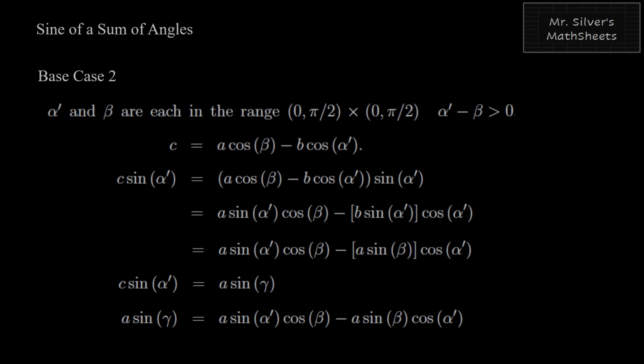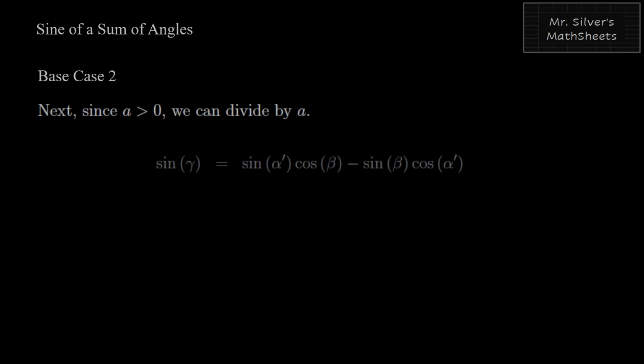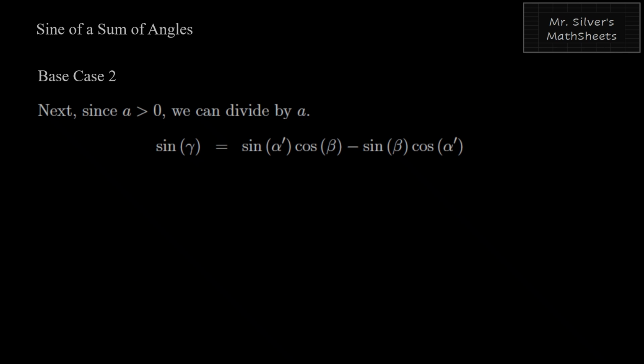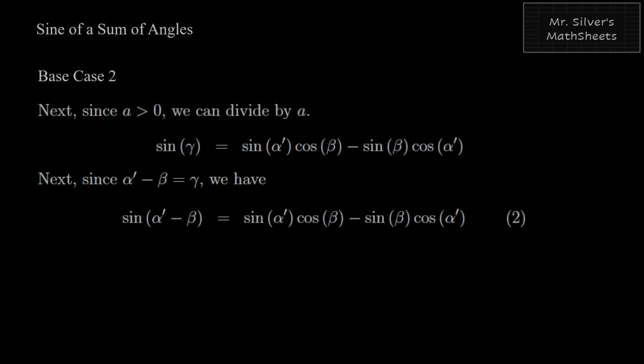And once again, we're going to divide by a because a is not 0. And we get something that looks familiar. Gamma, keep in mind, is equal to alpha prime minus beta. It looks like the rule, but with minus signs instead of a plus sign.